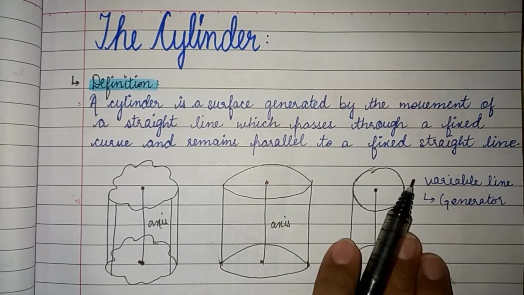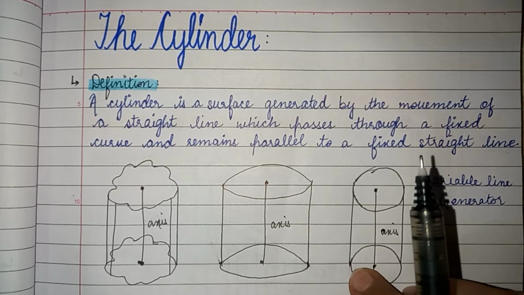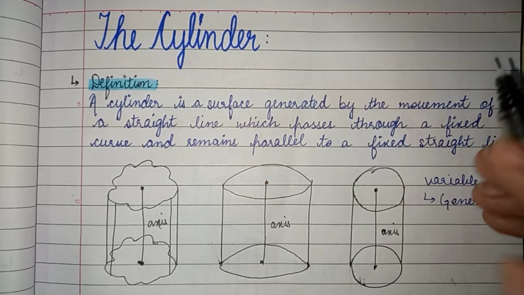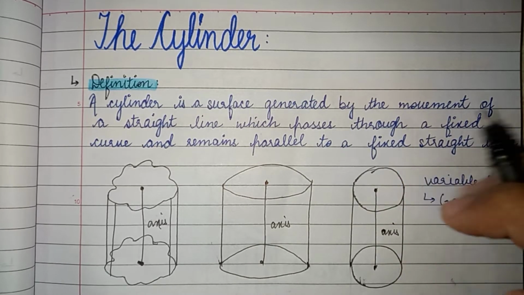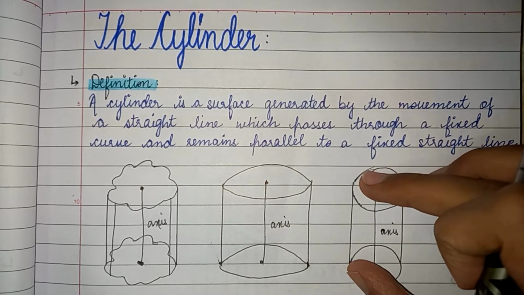So here are some figures. Since we have seen this kind of figure from our childhood, but we have never noticed that this is a right circular cylinder. It is not compulsory that these two surfaces are always circular or round in shape.